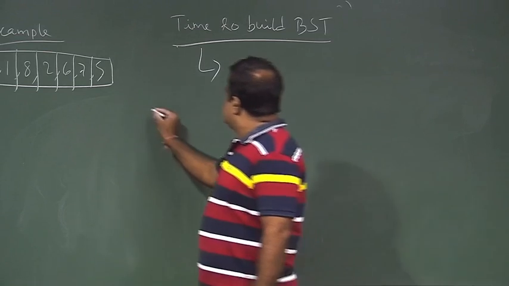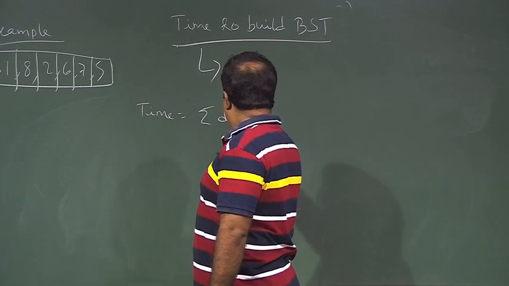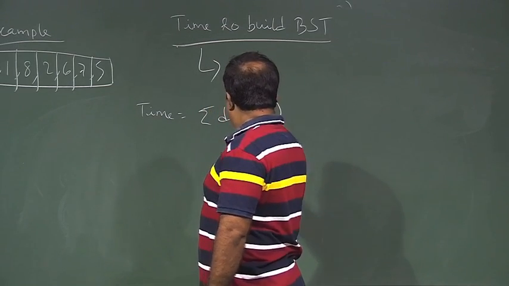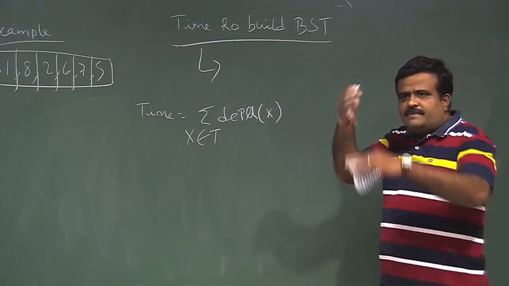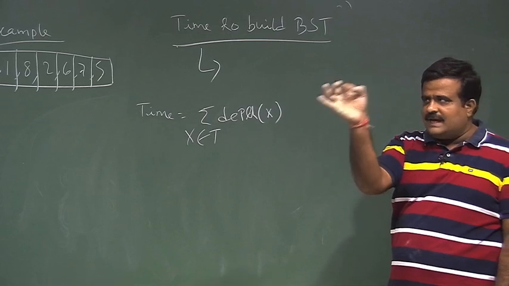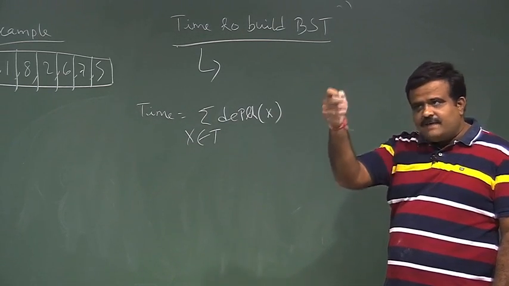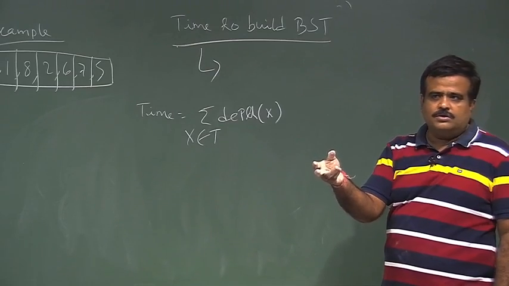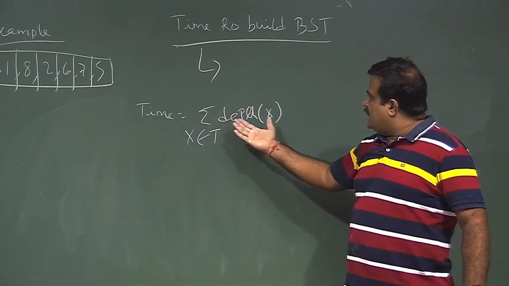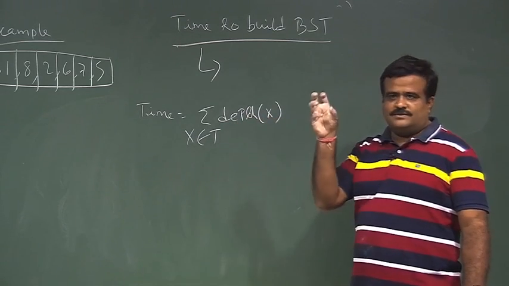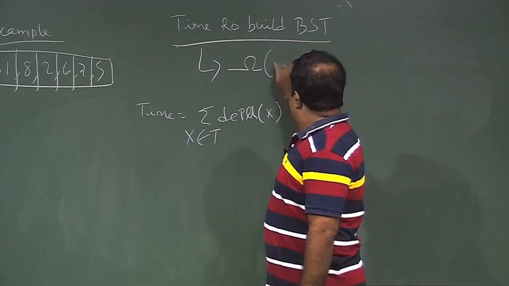Basically time to build a BST is summation of the depth of x, where x is in the tree, because every time we are comparing and we are reaching a position, and that position is the depth of that node. Okay. So, depth means that many times we compare to insert this node. So, this is time complexity to build the BST, basically the sum of the depth of x, where x is in the tree. Okay. So, this will be basically big omega of n log n.